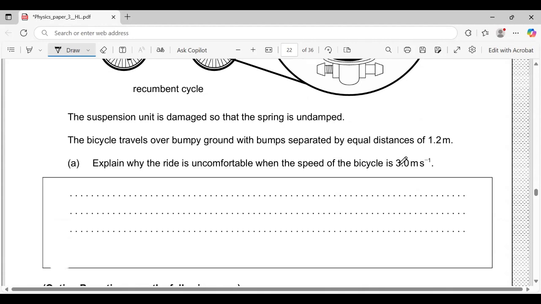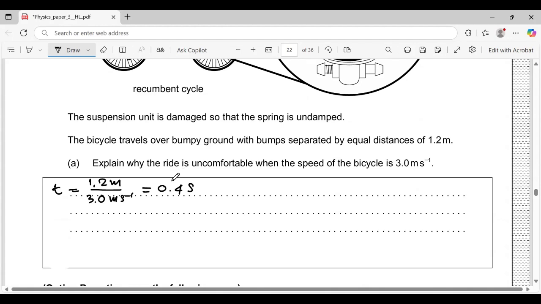Okay, so the time interval between each bump, we are going to find time. First, time equals distance between bumps, 1.2 meters, over speed, and the speed is 3.0 meters per second, and it is 0.4 second if you divide 1.2 over 3.